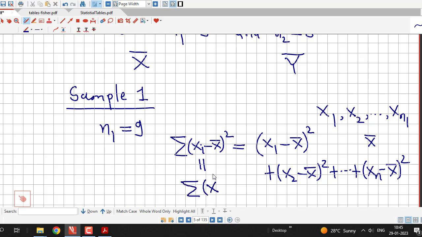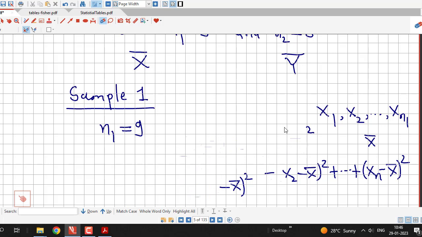Or we can ignore this suffix also. We can simply write sigma x minus x bar whole square. So that is given for both the samples, and first we write for first sample. Similarly we will write for second sample.